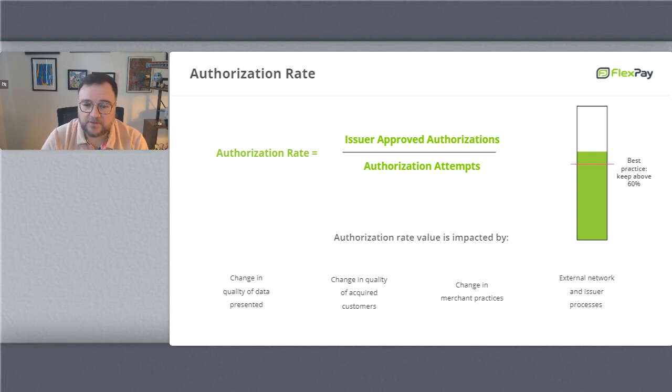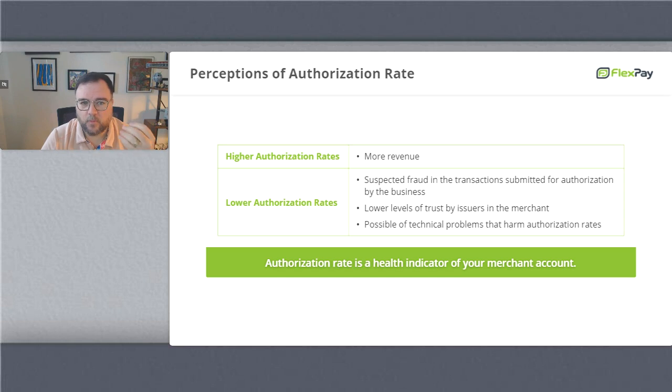So these are all things that can affect your authorization rate. And normally, when a merchant starts working with FlexPay, they have a specific perception of what authorization rate looks like. They assume that a higher authorization rate directly relates to a higher revenue stream.